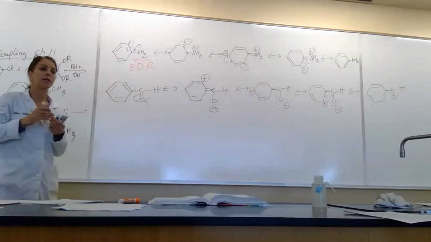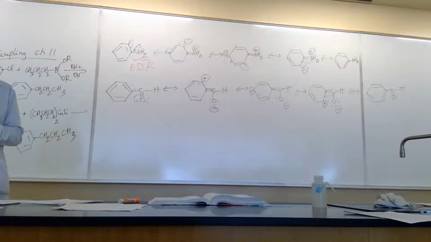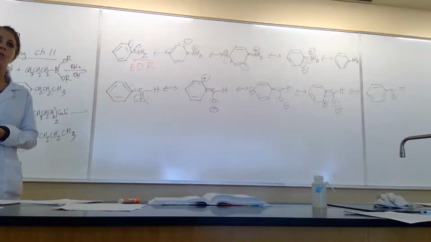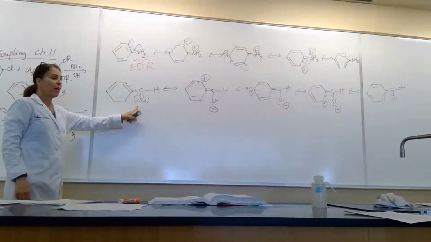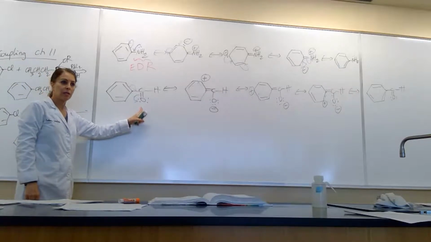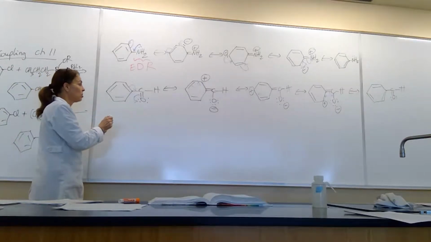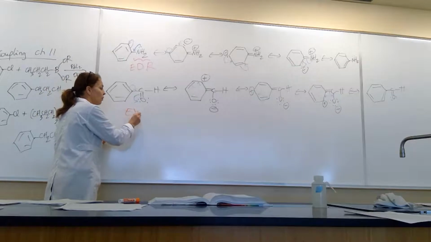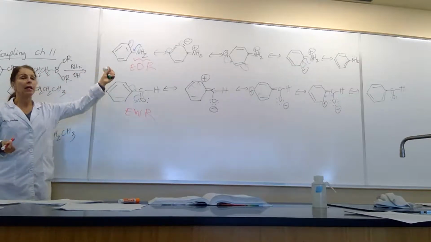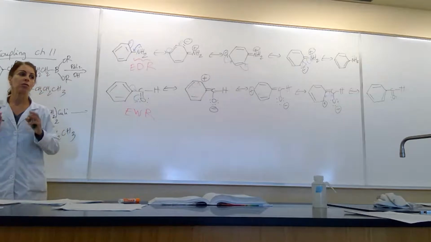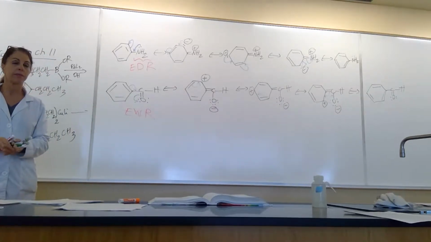We started this in chapter 2, if you remember. My student 231, we did it in chapter 2. We looked at electron donating versus electron what? Withdrawing. So what happened here? This is electron withdrawing by resonance. So NH2 is electron donating by resonance.